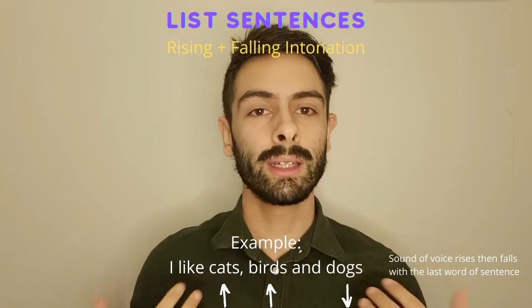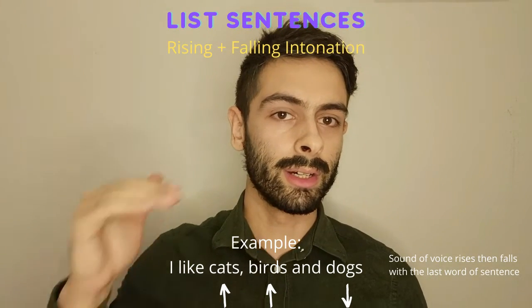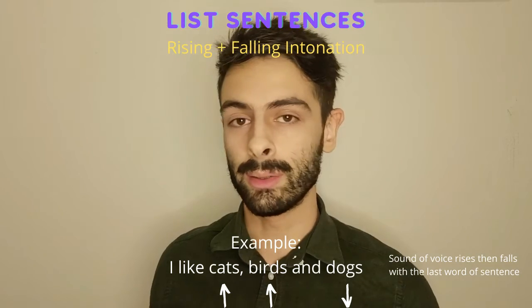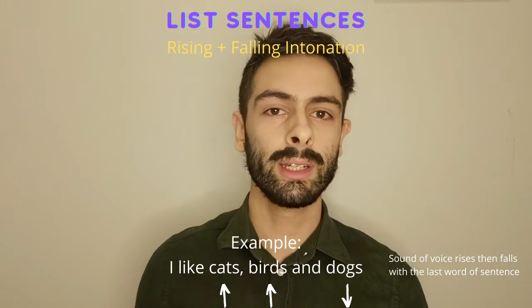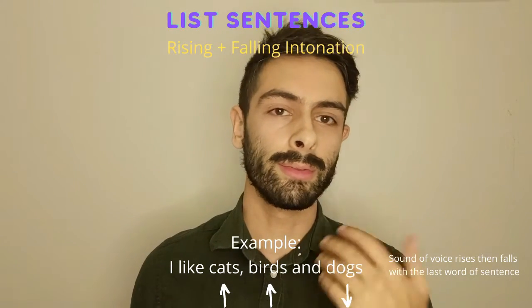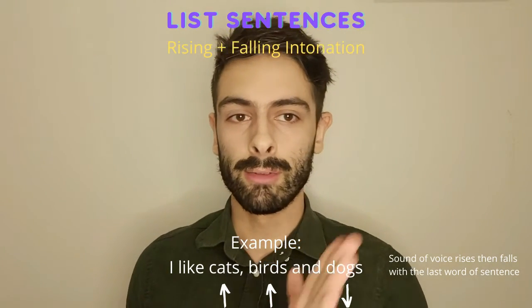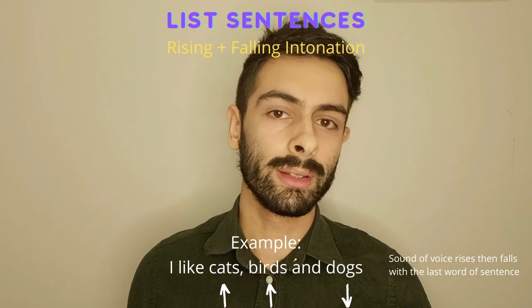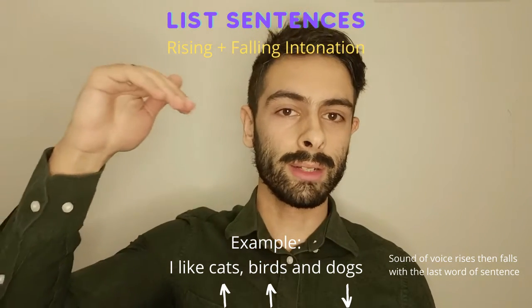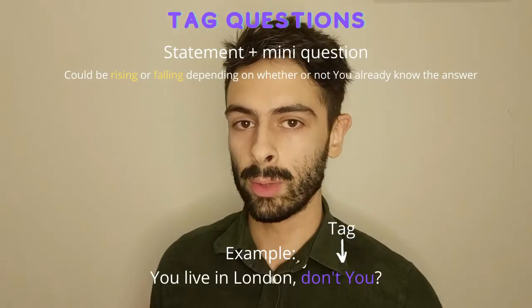So I like cats, birds, and dogs. It is going down. That is a type of sentence that is in a list form. So for sentences like that, every word in it is rising except for the last one, where we are always falling in sound.